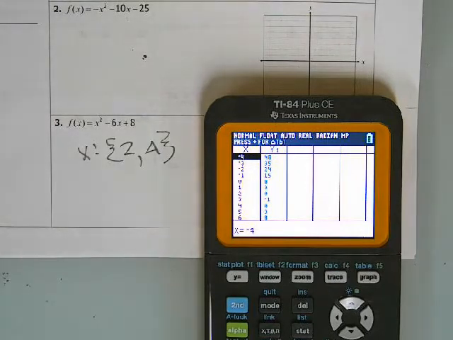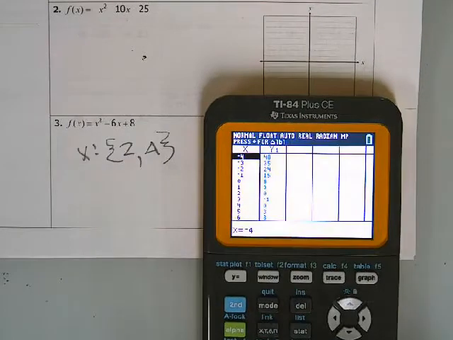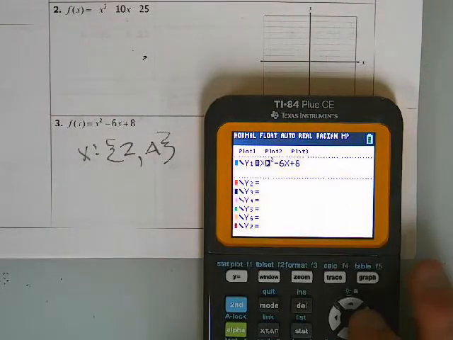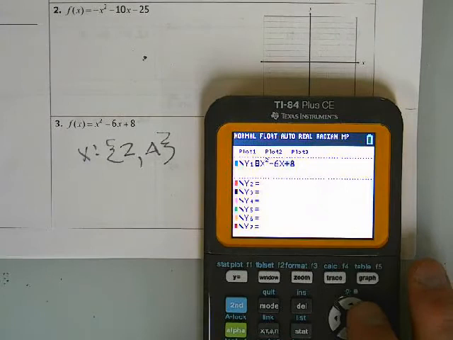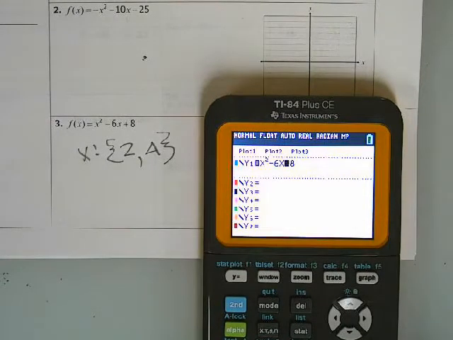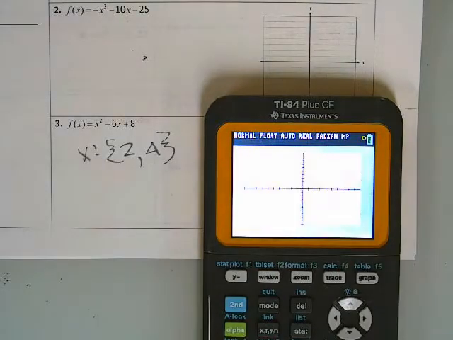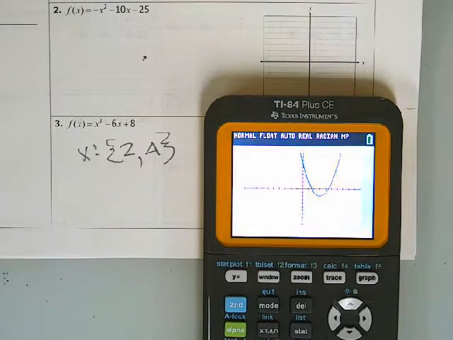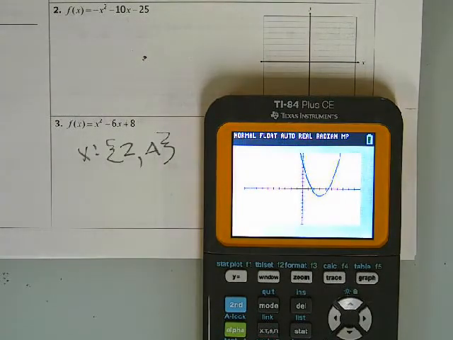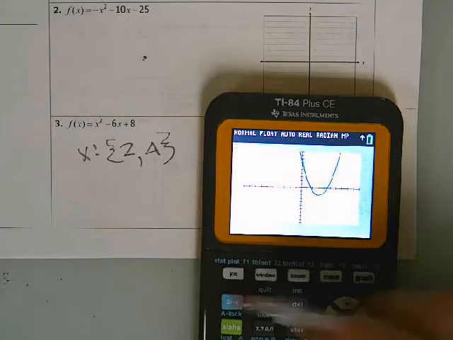Let me, for instance, change this equation slightly. Let me go to, I don't know, +7 might do it. It does. Notice where the intersection is, it's not a whole number, is it?